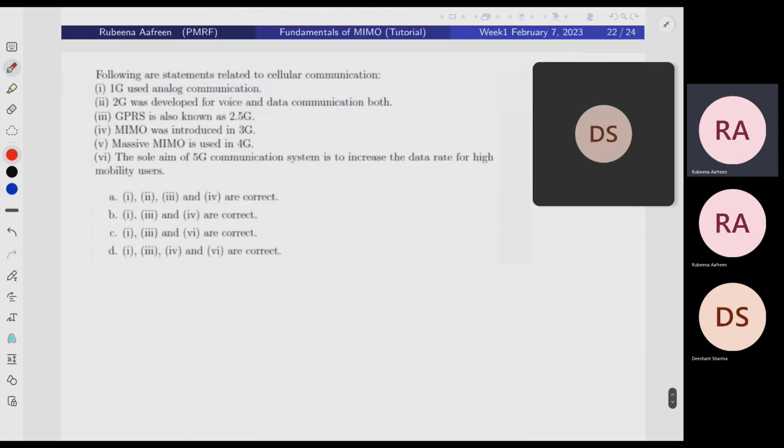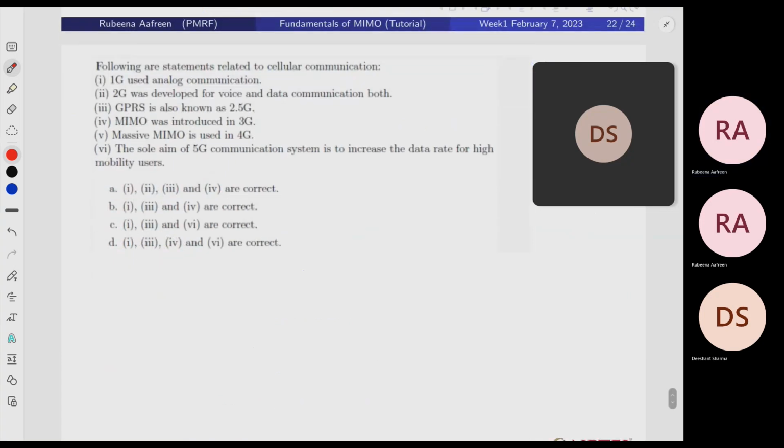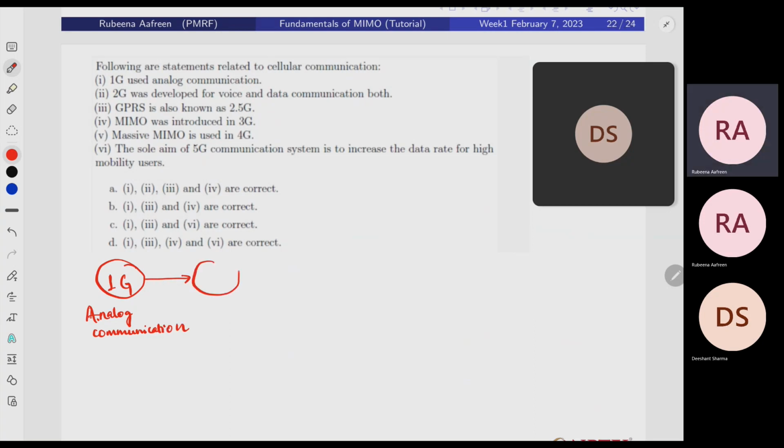Now coming to this question, this is pretty much explained in lecture 1, I think, in the evolution of communication. Initially, when 1G was there, it was using analog communication. Then we moved on to 2G. 2G had better data speed than 1G.